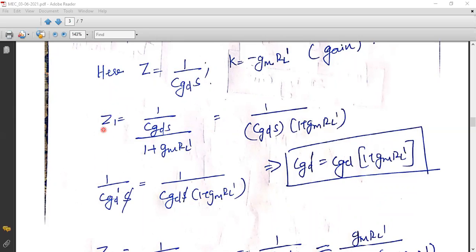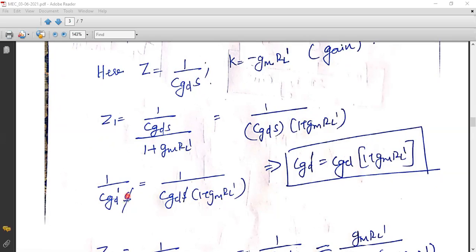Is this clear for you? Z1 is a new impedance after applying our Miller theorem, right? And this is in connection with which capacitance? It is in connection with CGD. So the new capacitance can be considered as CGD dash. So the new impedance will be 1 by CGD dash into S. So this equation can now be rewritten as 1 by CGD dash into S is equal to 1 by CGD S into 1 plus gm RL dash.